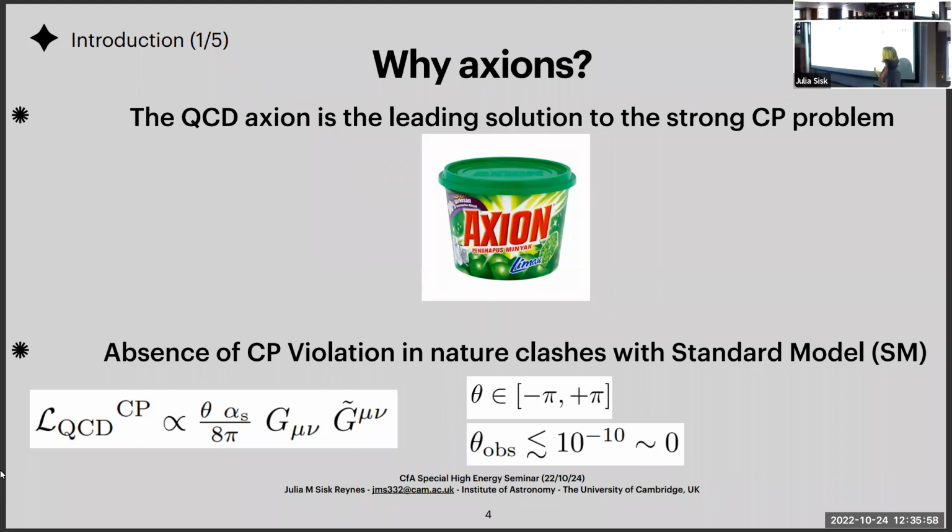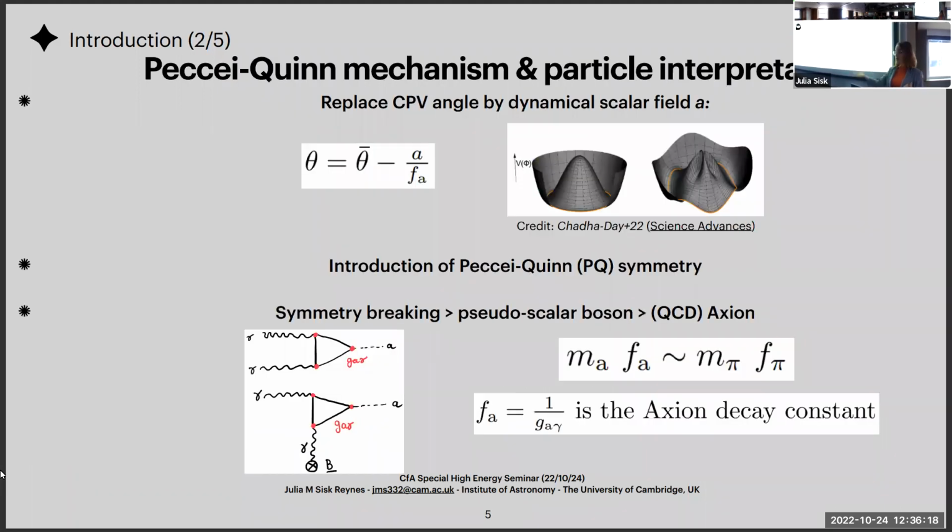However, experimental observations of the electric dipole moment of the neutron suggest that the upper bound on theta should be consistent with 0. So the question is whether we can resolve this apparent tension without having a fine-tuning problem in the standard model. And the answer is yes, but we need beyond the standard model physics to do this.